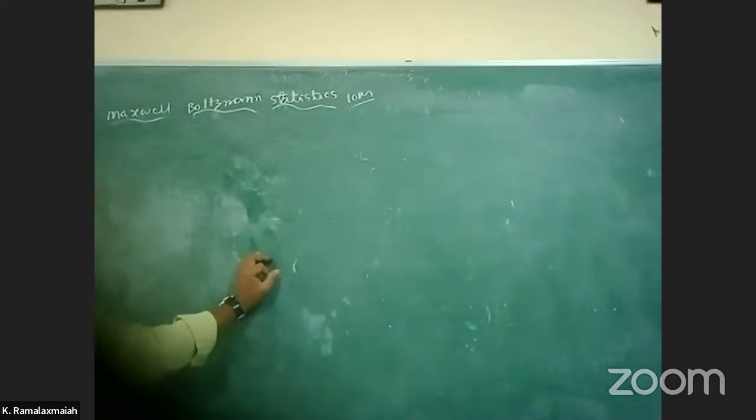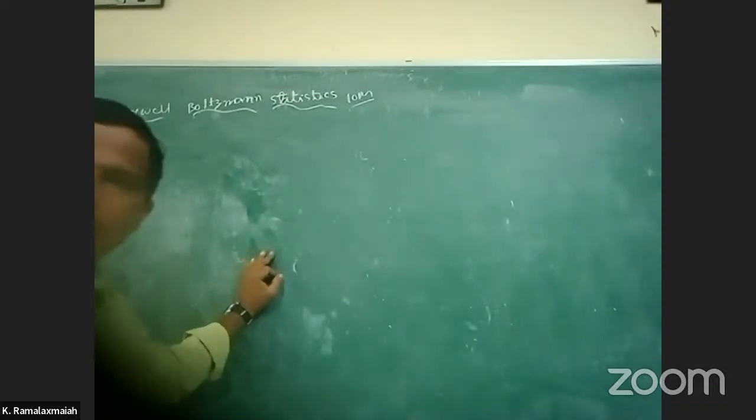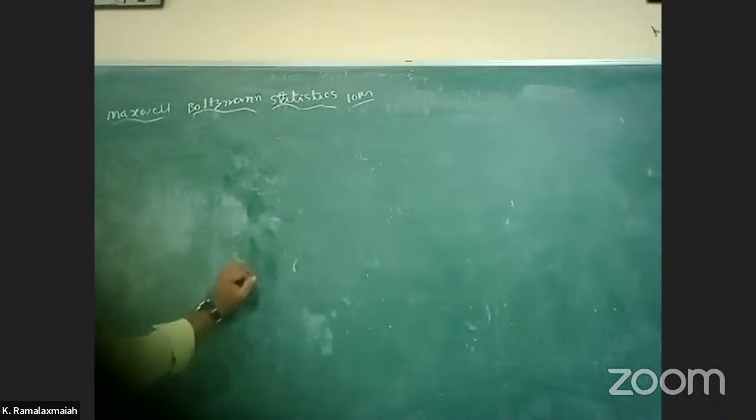So basically two types of particles, the identical and distinguishable, and the identical and indistinguishable. The first type is classical statistics, that is Maxwell-Boltzmann statistics.